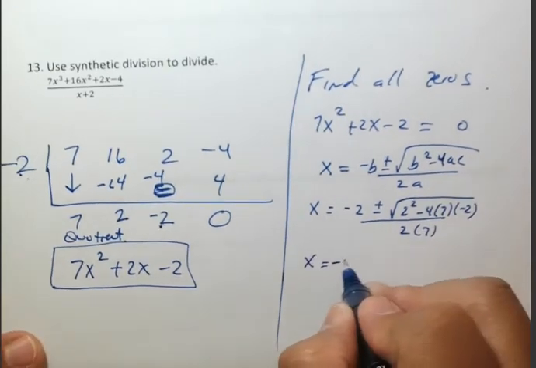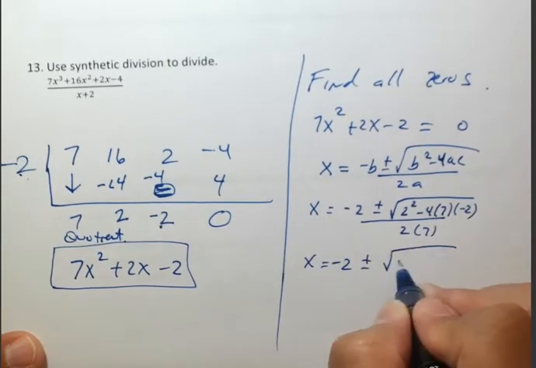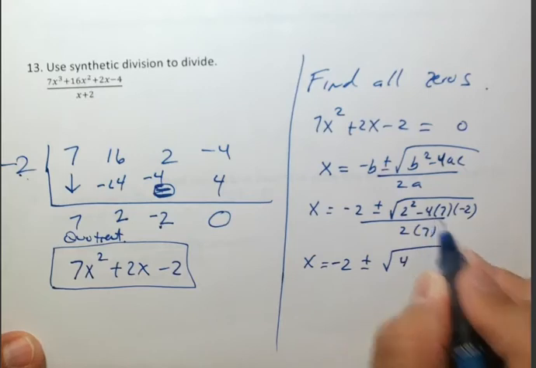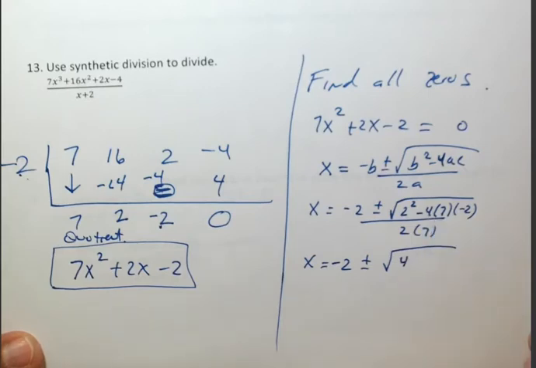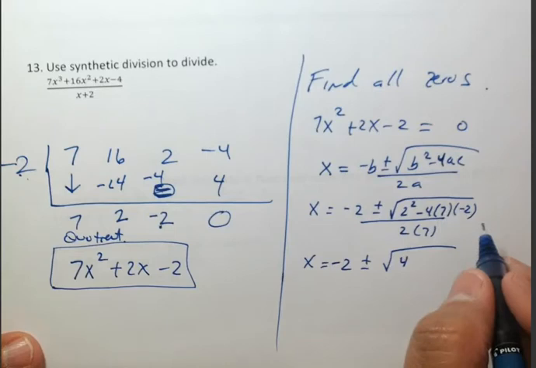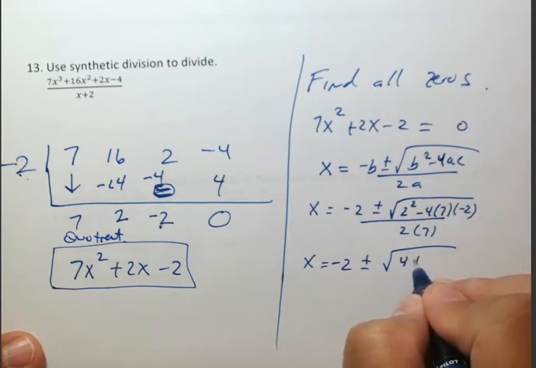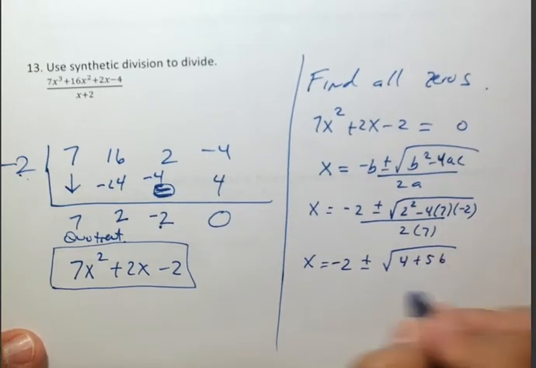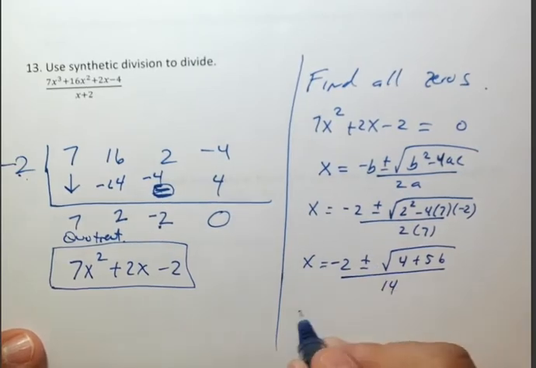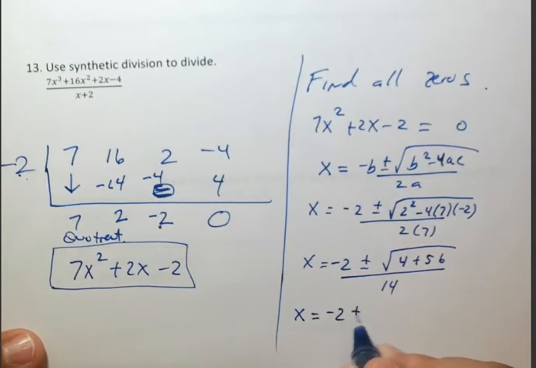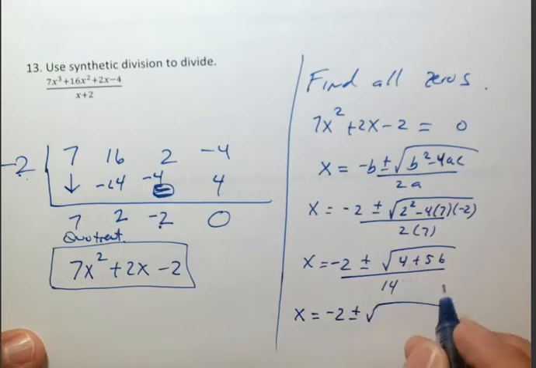So we get negative 2 plus or minus the square root of 4. Negative 4 times 7 is negative 28 times negative 2 is positive 56. 56 plus 4 is 60.